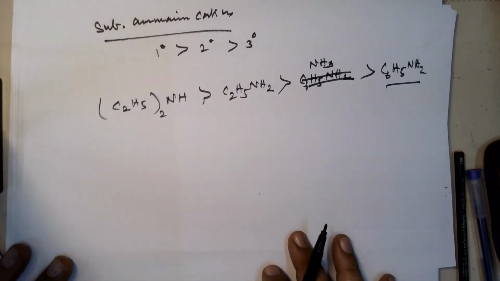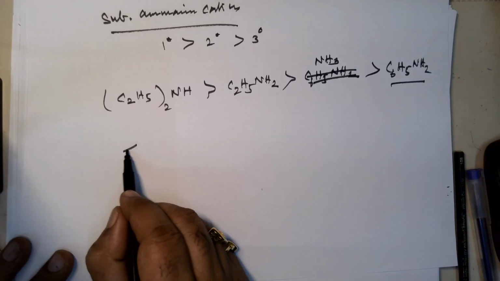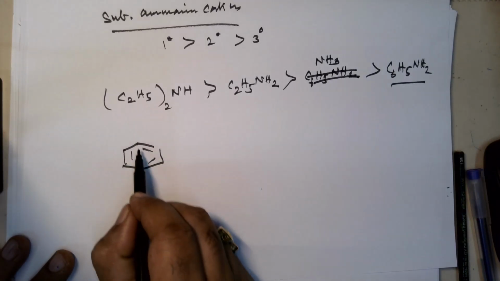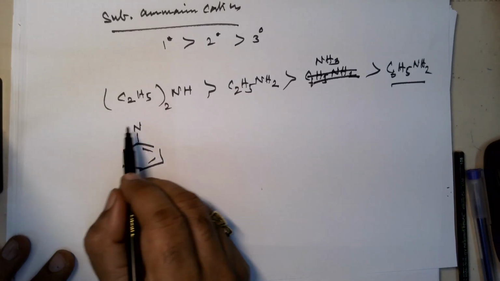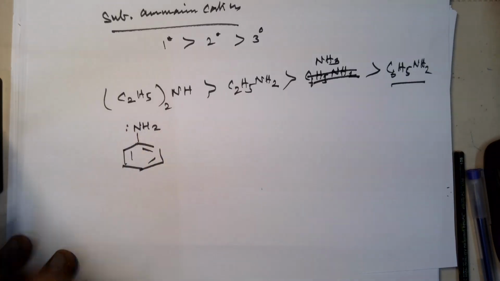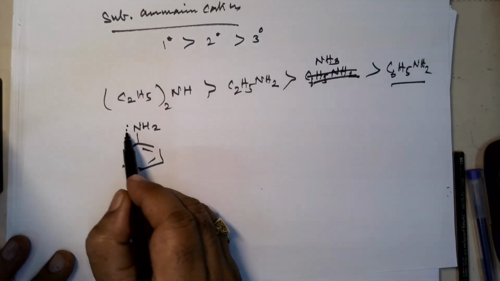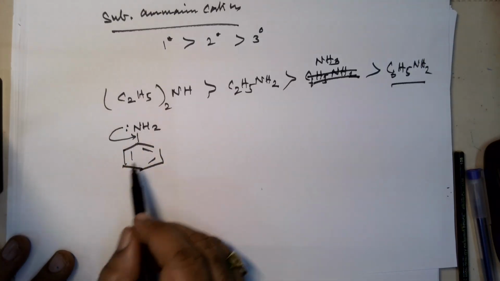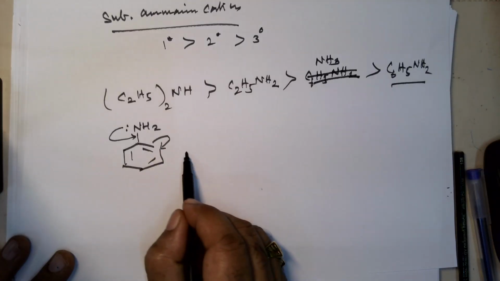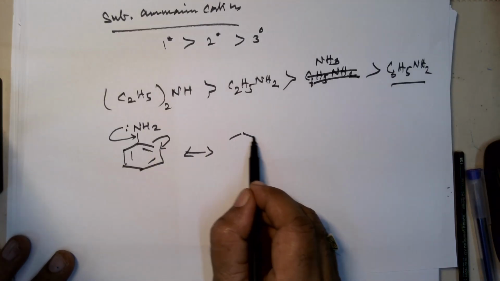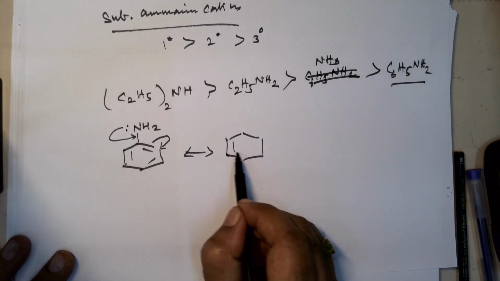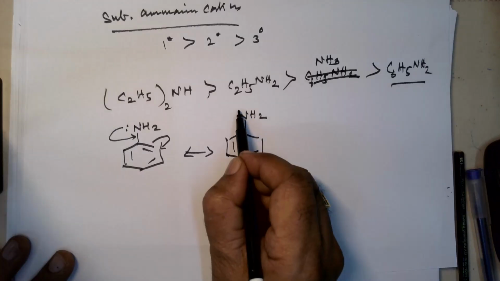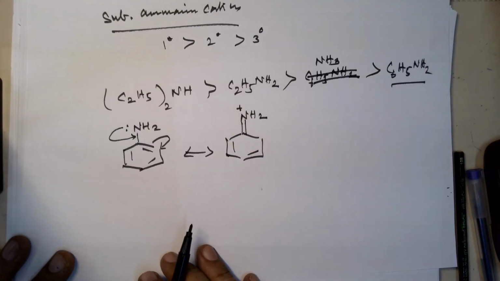For example, aniline can undergo resonance. C6H5NH2: now, listen to me. A pi lone pair of electrons is transferred here, so that the pi electrons can be transferred here, so that it becomes a double bond with NH2, and it has lost one electron, so plus.